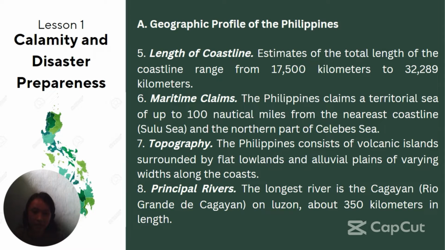And then number 8, principal rivers. From the word principal, these are the important, well-known main rivers. One is the Rio Grande de Cagayan, located in Cagayan Valley.